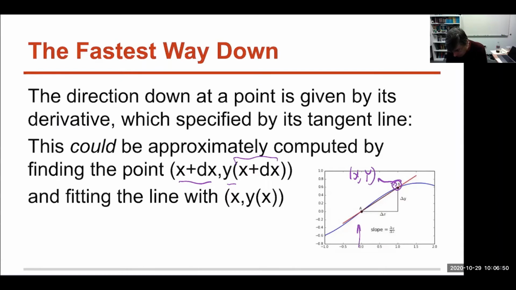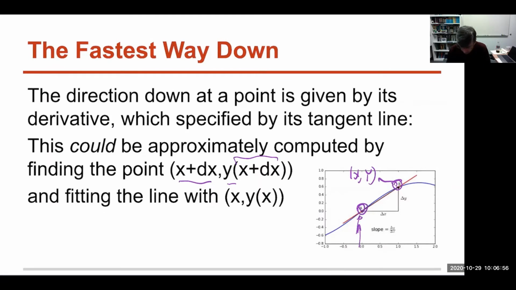Once we know what delta x is, we can compute the value of y here. Once we have that, we have 2 points. We could fit a line to them. The slope of that line will tell us whether we are going up or down.